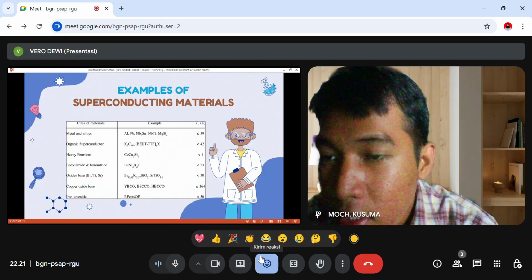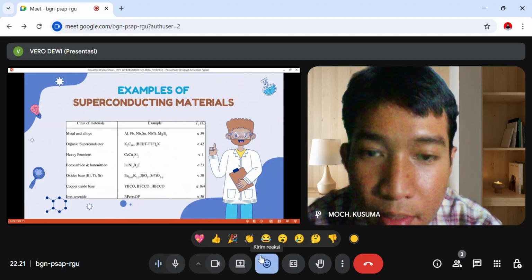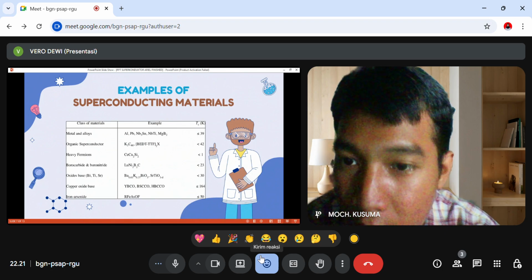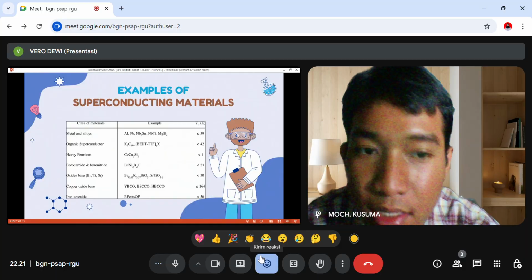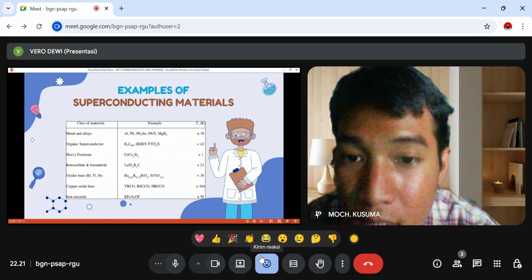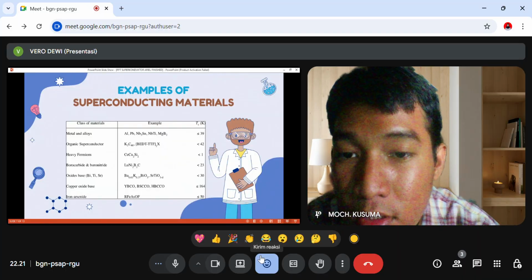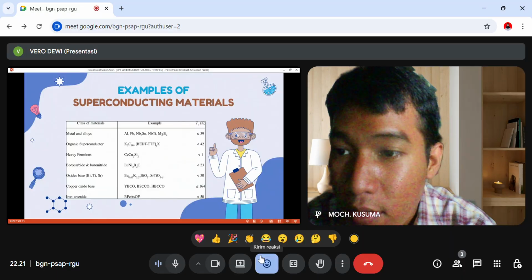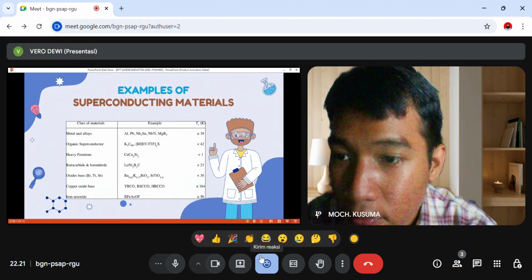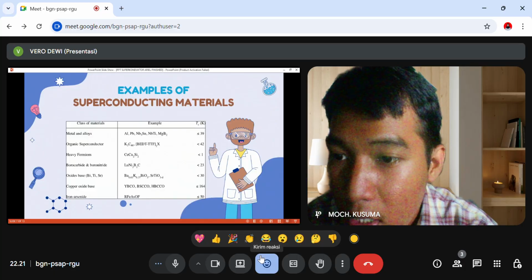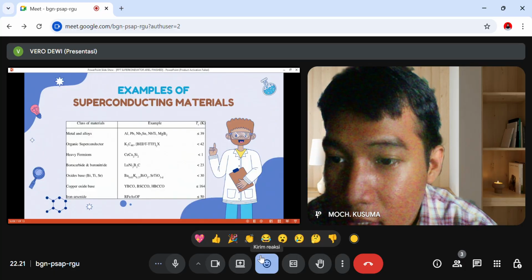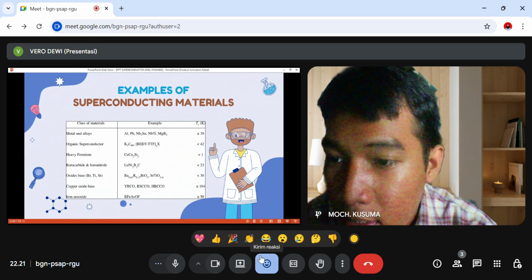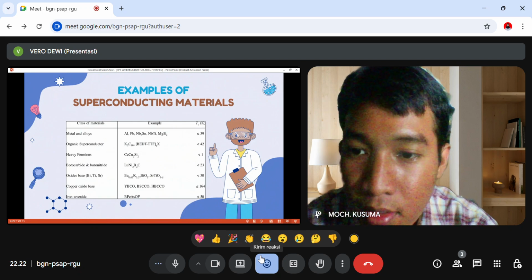First, metals and alloys, with examples Al, Pb, Nb3Sn, NbTi, and MgB2, with Tc 36 K. And we have organic superconductors, heavy fermions, borocarbide and boronitride, oxide base, copper oxide base, and iron arsenide.